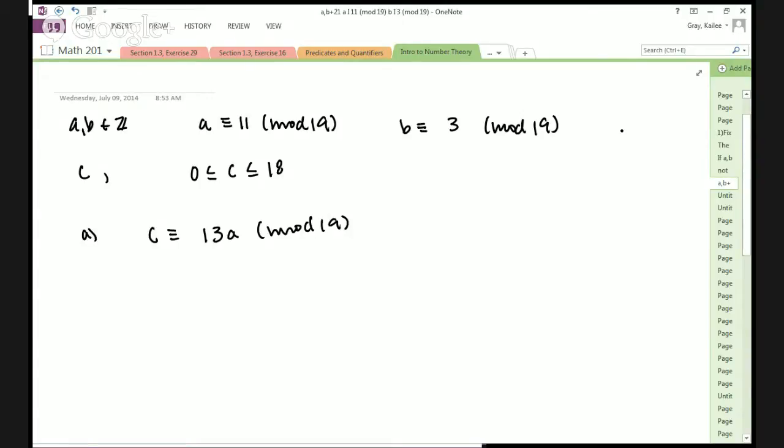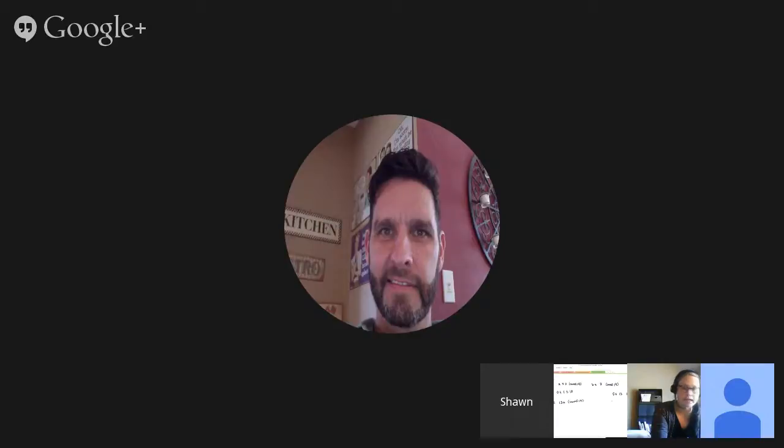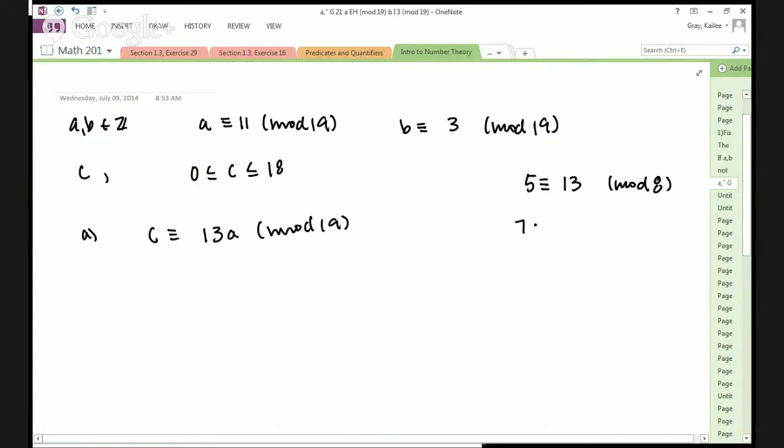So like if 5 is congruent to 13 mod 8, okay, I know I can add 2 to both sides, and I know 7 is congruent to 15 mod 8. Okay, so that's one thing that I can do. I can multiply both sides by something. I can multiply, let's say, by 2.